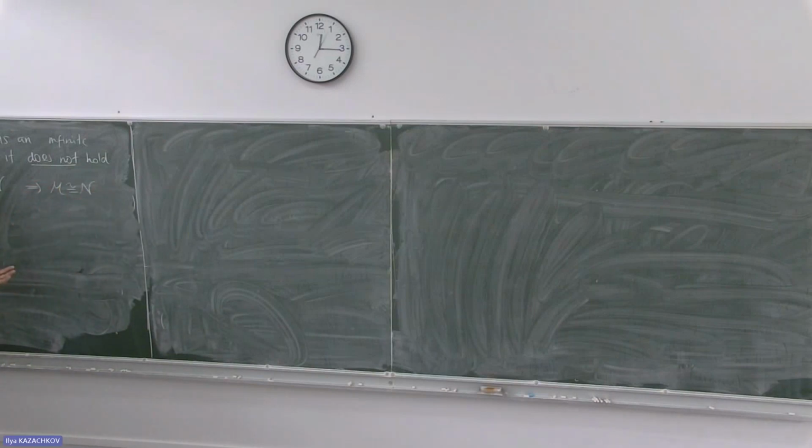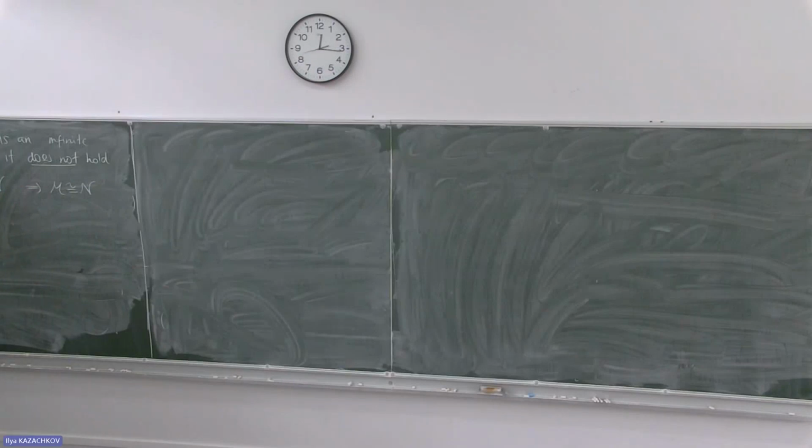This cannot be the case, because if M is infinite, the upwards Löwenheim-Skolem theorem gives us an elementary extension of cardinality much bigger than the cardinality of M. These two structures are elementarily equivalent, but for sure not isomorphic. They have different cardinality. So what was happening for finite structures is for sure not true anymore for infinite structures. We cannot fix by sentences the isomorphism type of an infinite structure.